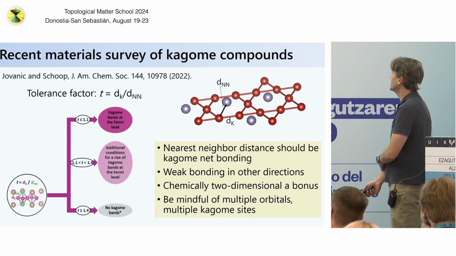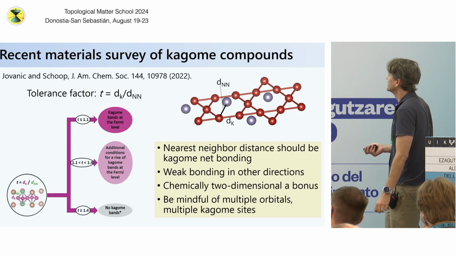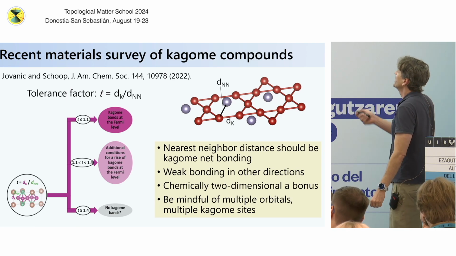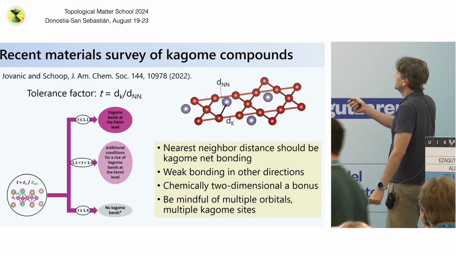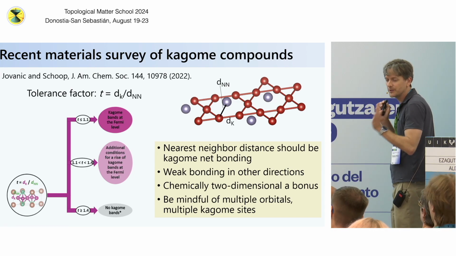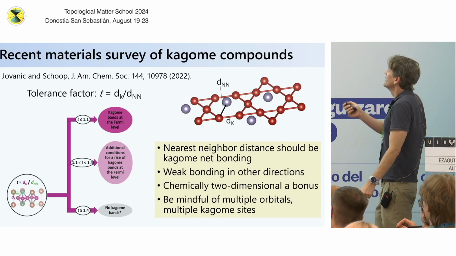And just as a review of what I ended the last lecture on, there's this very nice work by Leslie Schoop's group where one can think qualitatively, when thinking about real materials, of a tolerance factor.